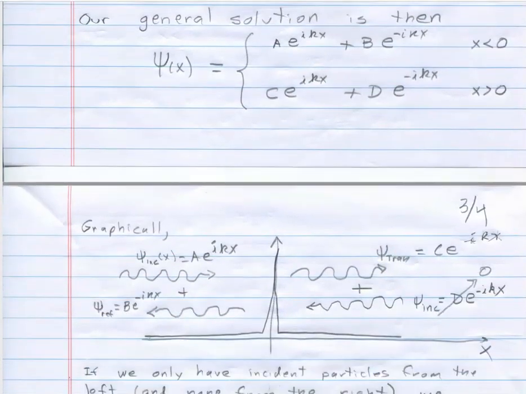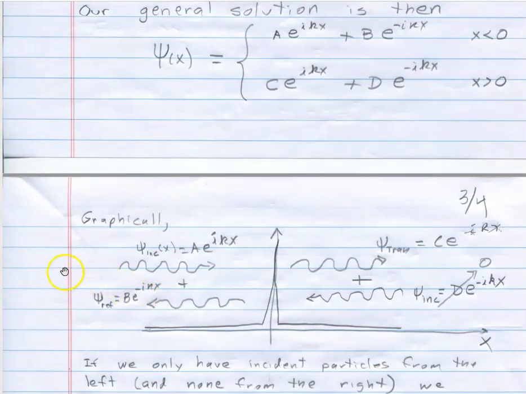Graphically, we have this situation. We have an incident beam, or incident particle, which is the e to the ikx term. We get a reflection, which I'll call psi reflected, which is the B e to the minus ikx term. Transmitted, we get a C e to the ikx. And then in general, you also get on the right-hand side the possibility of simultaneously firing in particles from positive infinity.